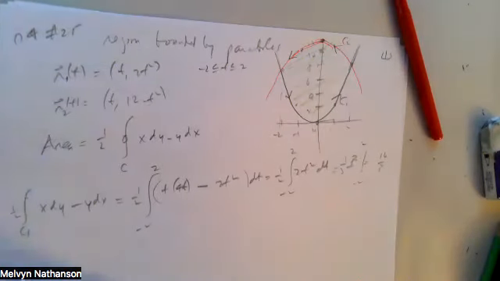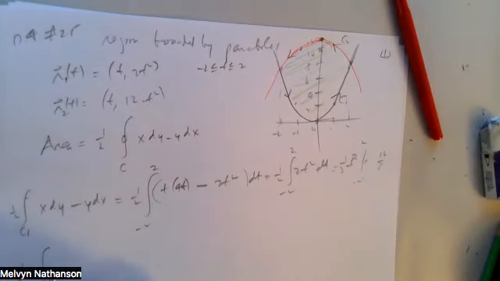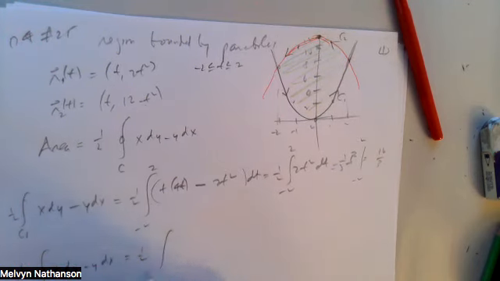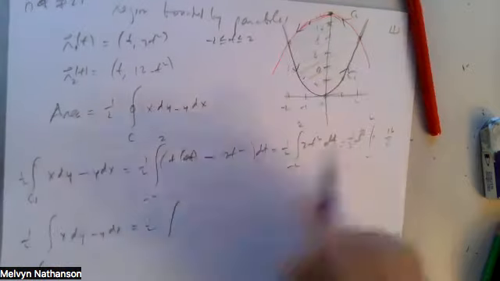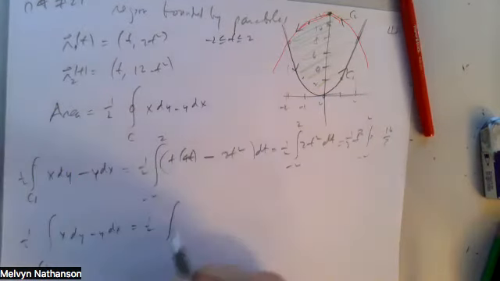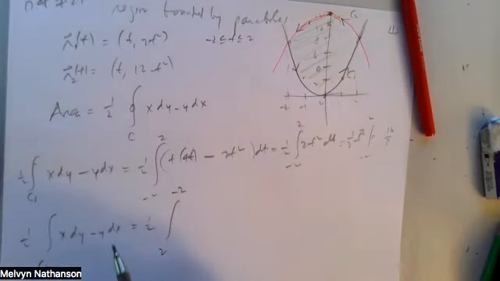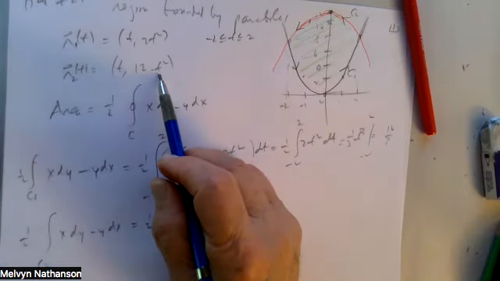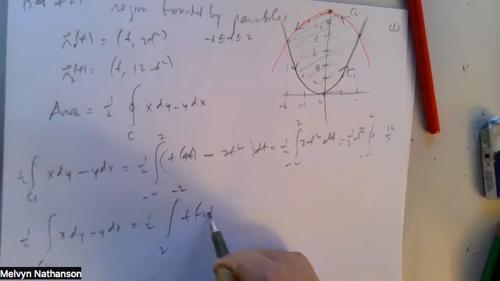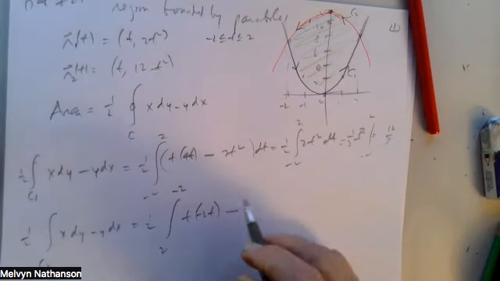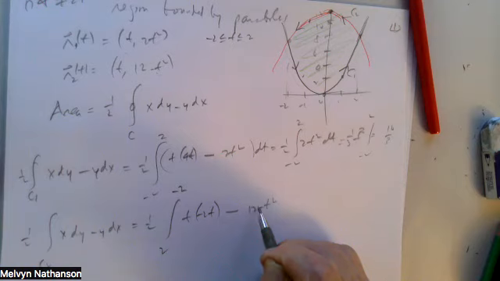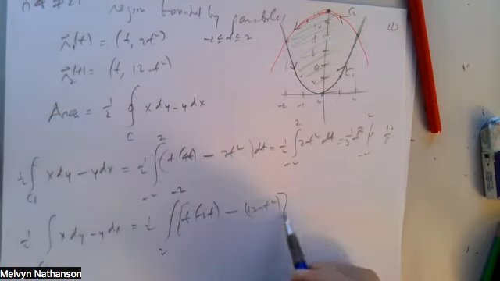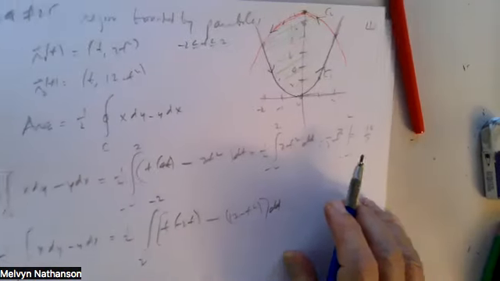This is C2. The integral around C2 of x dy minus y dx is 1/2. And now we're integrating backwards. t goes from 2 to -2. x is t. dy dt is minus 2t, minus y, 12 minus t squared, times dx dt, which is 1 dt.